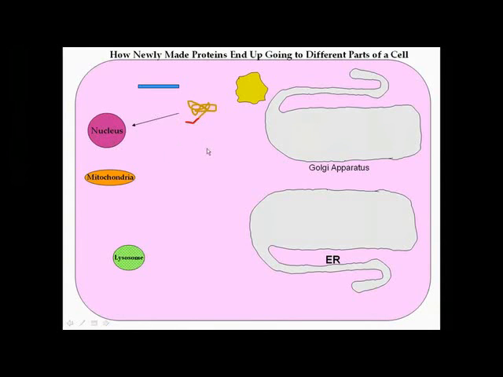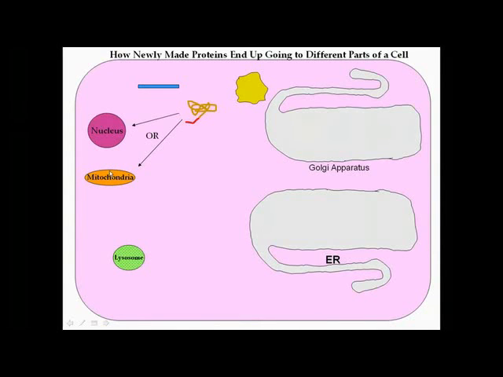The signal sequence could also inform the cell to deliver it to the mitochondrion. Right? So there's all sorts of reasons why mitochondria might need proteins. Some of the proteins might act as enzymes that are required for all of the metabolic reactions that are happening inside the mitochondrion. Some of the proteins might be pores that are required to be in the membrane of the mitochondrion.